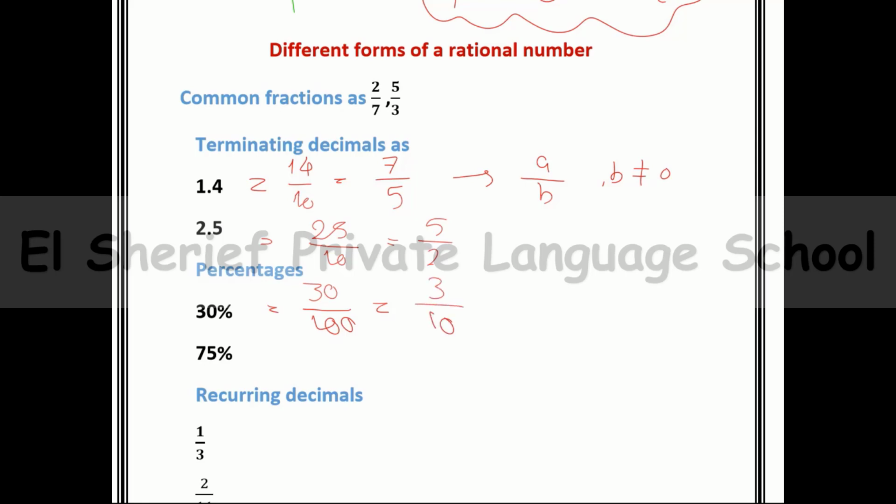In the form of a over b and 10 doesn't equal 0, so this is a rational number. 75%, in the same way, a ratio with second term 100, divided by 5 is equal to 15 over 20, and simplifying again, divided by 5, is equal to 3 over 4. And I know that 75% equals 3/4.